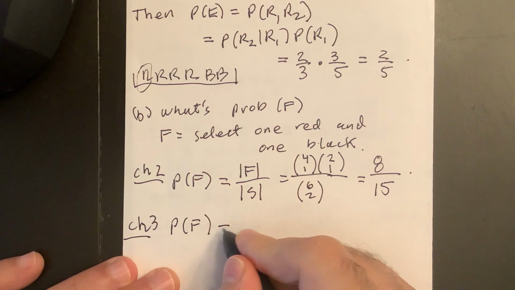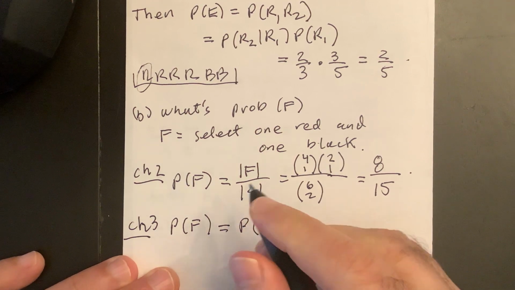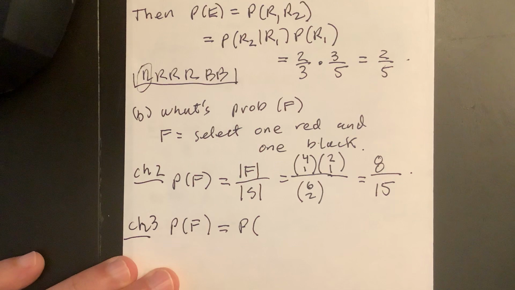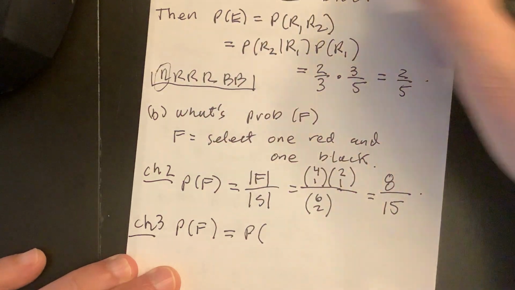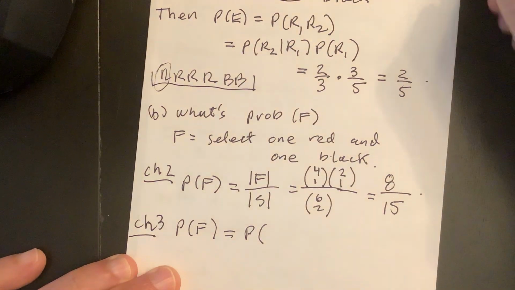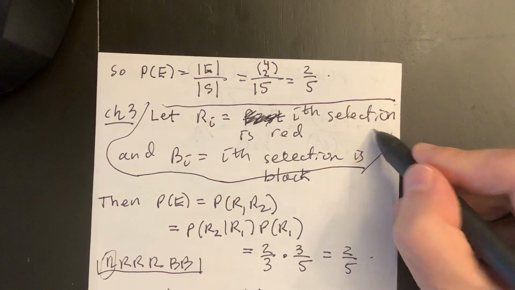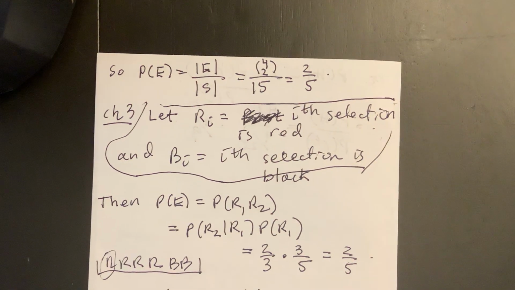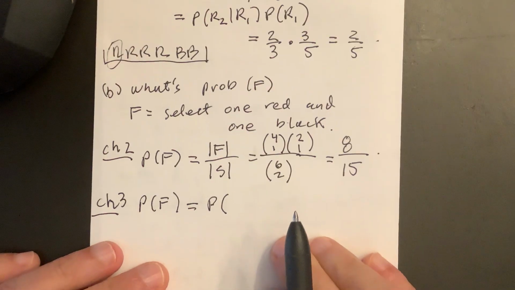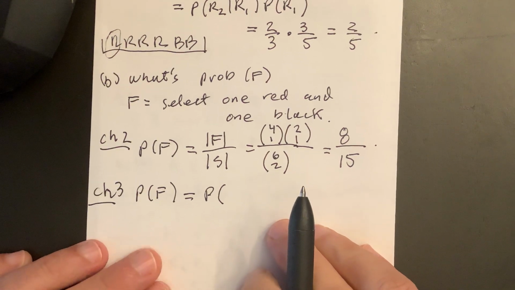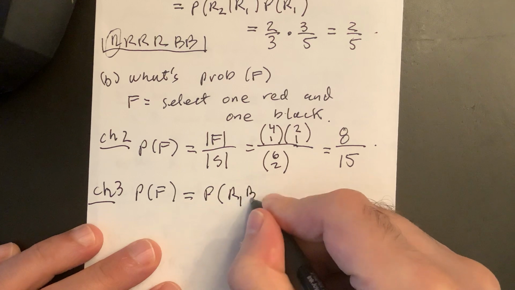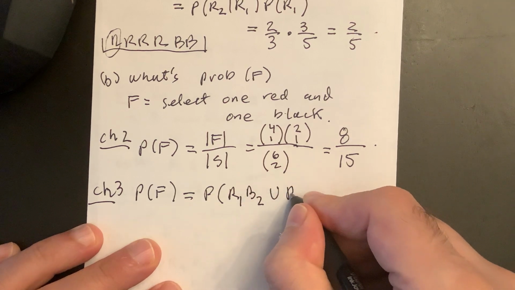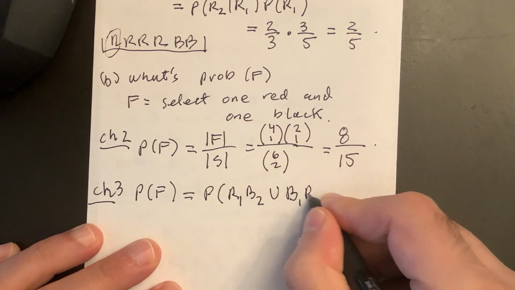Using this idea up here, we have P(F) is P(R1 B2 union B1 R2), right?